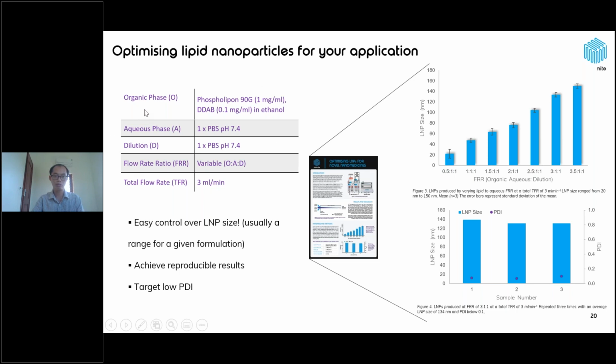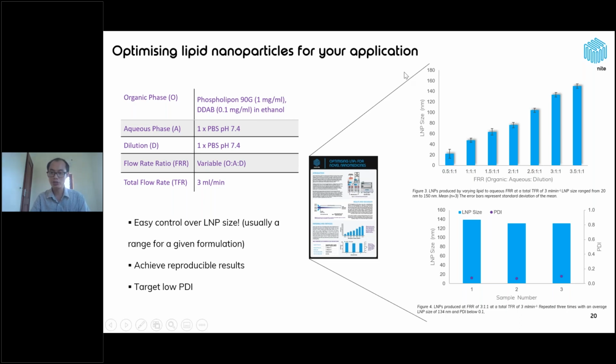We use the same organic phase, the same material we use in the single channel system, with phospholipid and DABs in ethanol, and the aqueous phase will be PBS solution, with dilution also using PBS solution. The flow rate ratio will be variable in this experiment, and the total flow rate will be set at 3 ml per min.